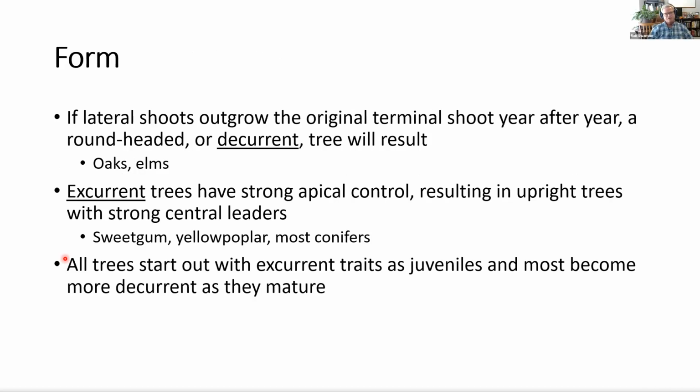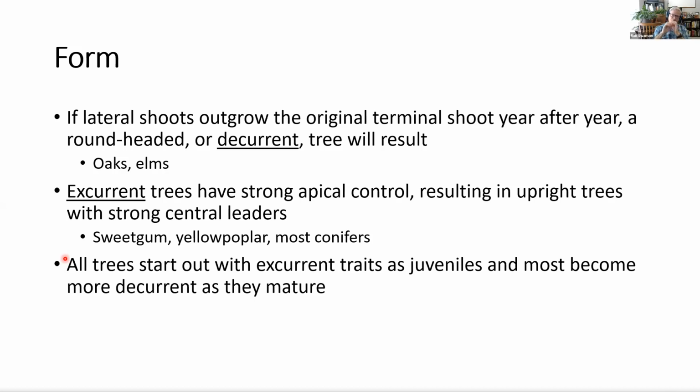If lateral shoots outgrow the original terminal shoot year after year, then instead of having this nice pointed Christmas tree, it's going to become more rounded, and a decurrent form will be produced, such as oaks and elms. Excurrent trees have strong apical dominance, resulting in this very upright growth. Like most conifers, they're going to grow straight up.